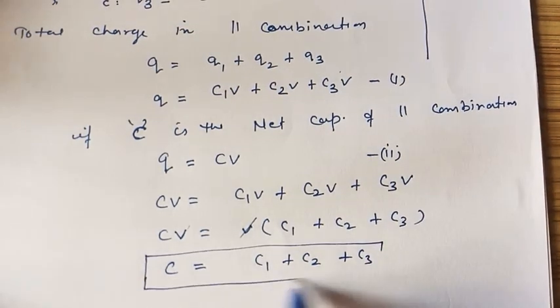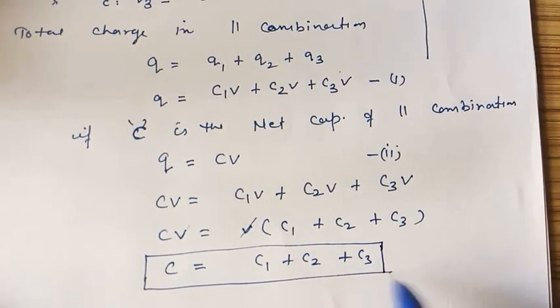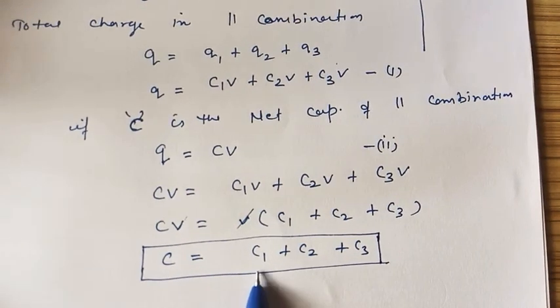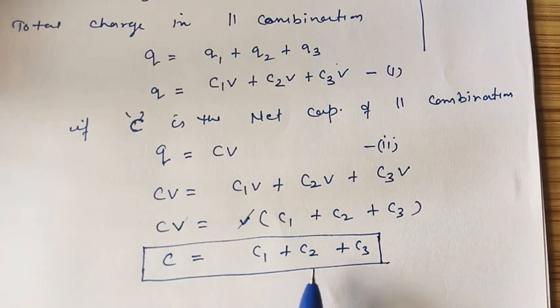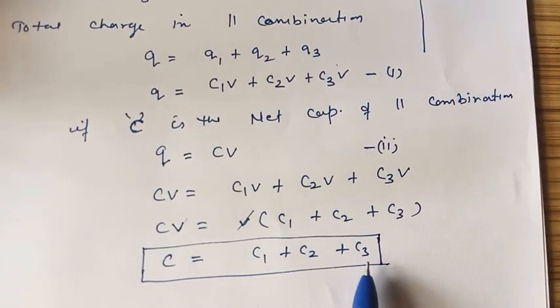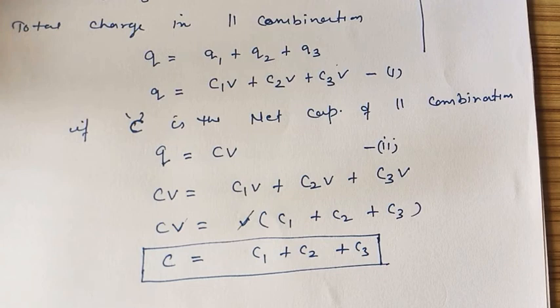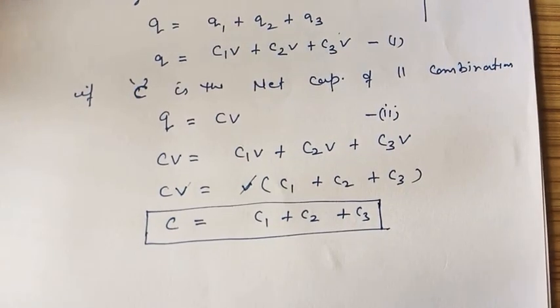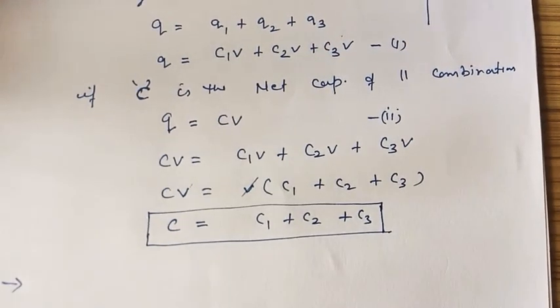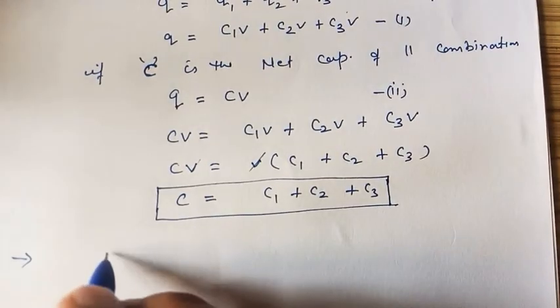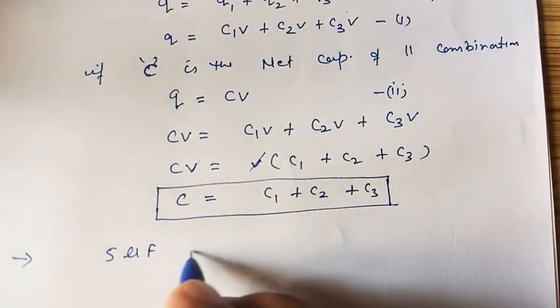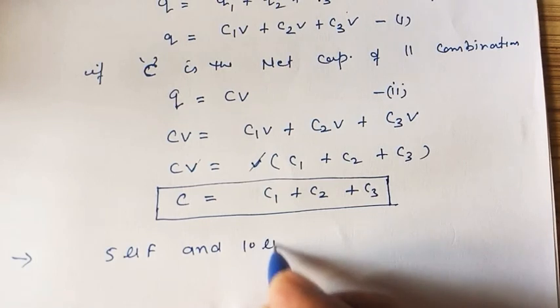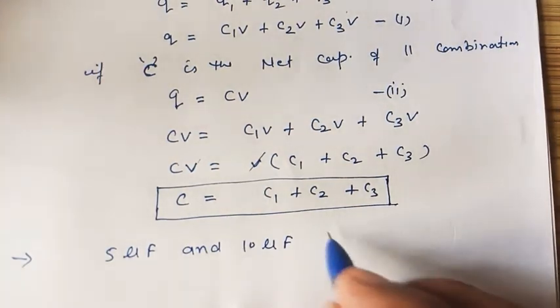So in case of the parallel combination, the capacitance is the sum of the capacitances of the first capacitor plus second capacitor plus third capacitor. In this way you can calculate the capacitance in a parallel combination. Let's take one example. You are having two capacitors of capacitance 5 microfarad and 10 microfarad. Now suppose they are connected in parallel.